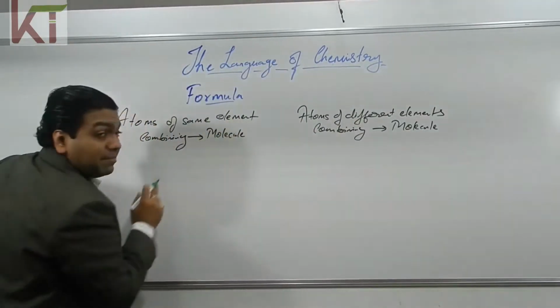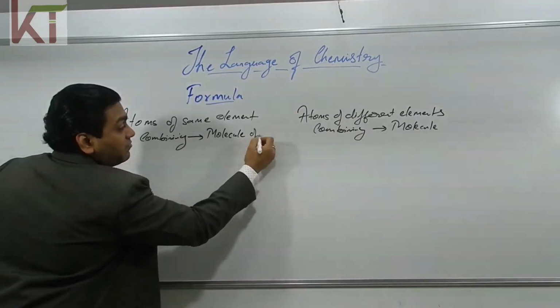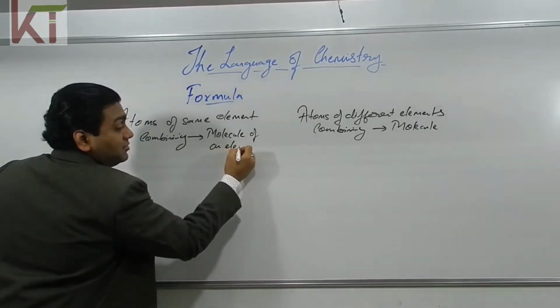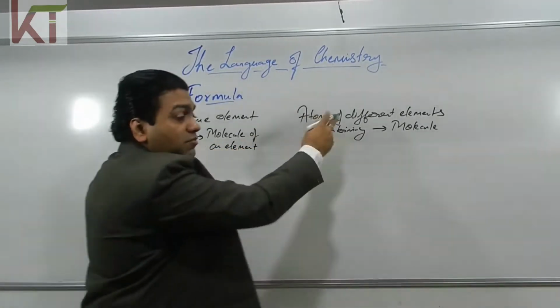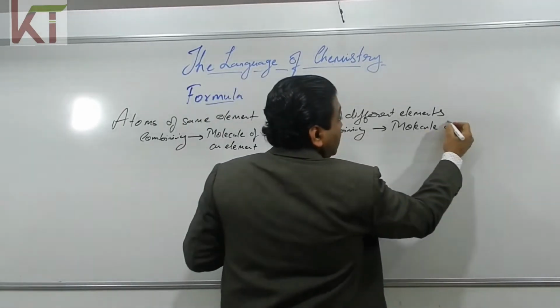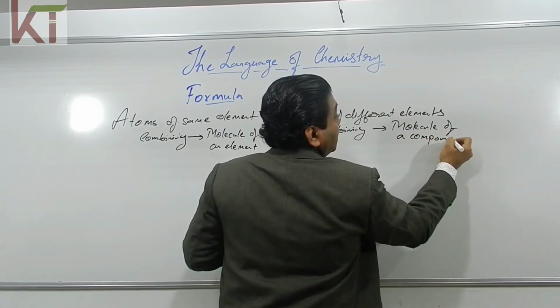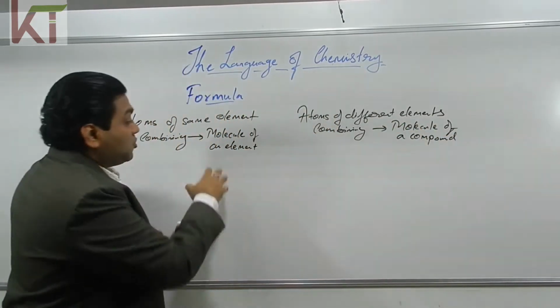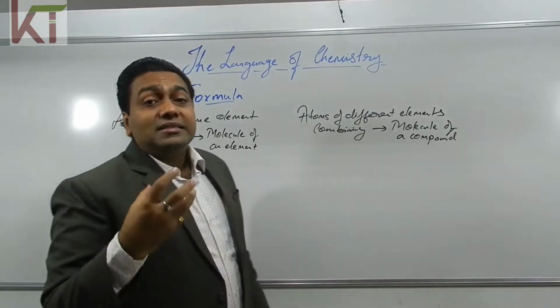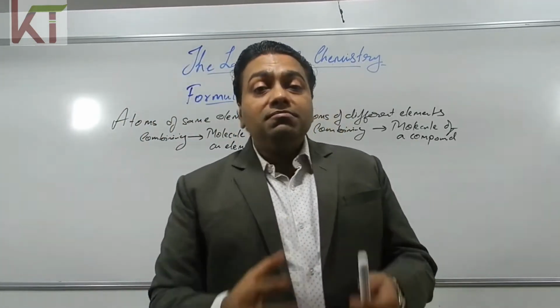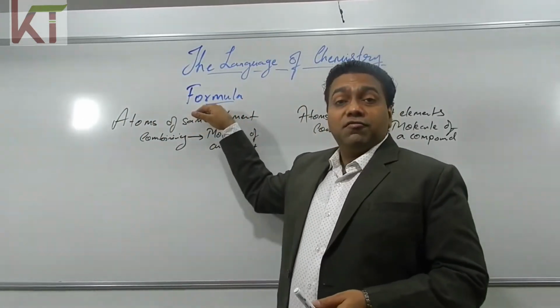So atoms of the same element, when they combine together, form a molecule of an element. And when atoms of different elements combine together, they form a molecule of a compound. Such a molecule of an element, when it is represented using the symbols, is called a formula.